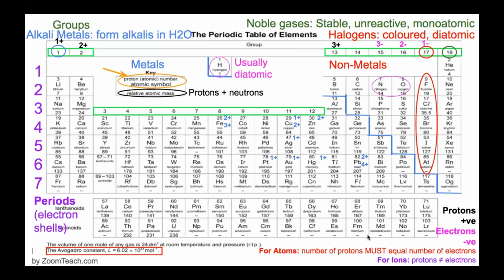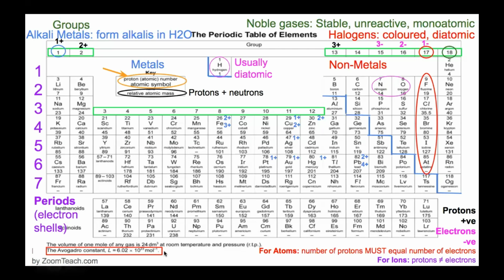Besides looking at the periodic table in terms of the staircase, the groups, the periods, and the charges, something new that has appeared last year would be the presence of the Avogadro constant. This is what I refer to as the magic number for the moles.